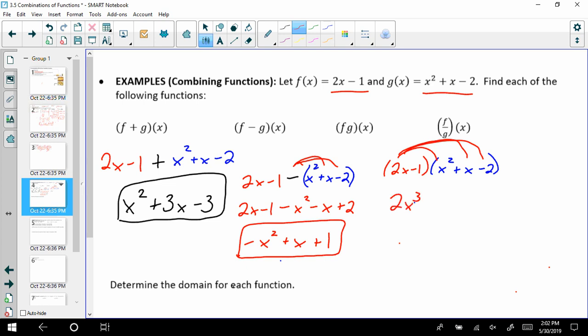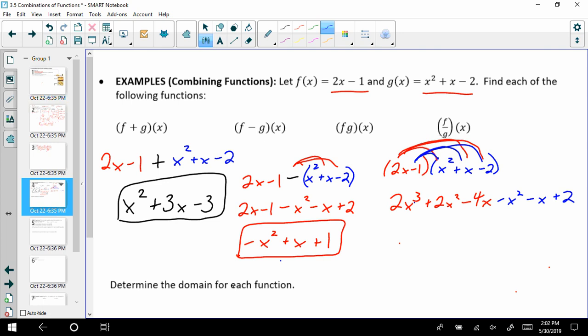Remember, we add the exponents. 2x times x would be 2x squared, and 2x times negative 2 would be negative 4x. Now I'm going to take the negative 1 and multiply it through. So negative 1 times x squared, negative 1 times x, and negative 1 times negative 2.